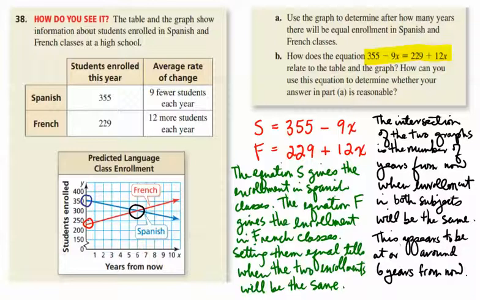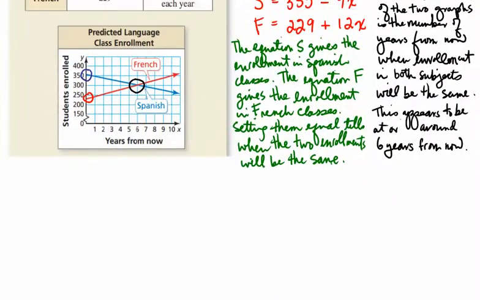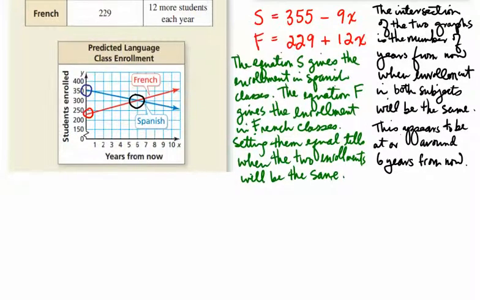So I'm going to scroll up a little bit and we're going to actually solve this equation here. Alright, so we'll do this in purple. We have 355 minus 9x is equal to 229 plus 12x. First thing we want to do is collect our variables on the same side.